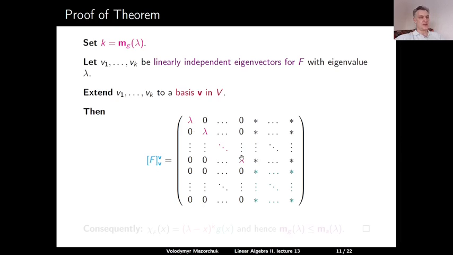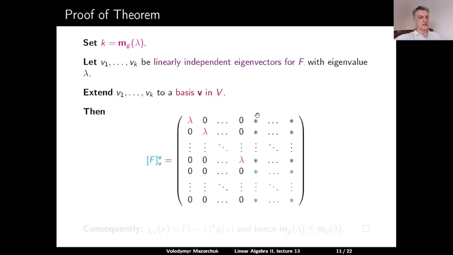The first k vectors are eigenvectors with eigenvalue lambda. So for the first k columns, we have lambda on the diagonal, and the remaining elements in these columns are 0. And then we have no information about the rest, so the rest can be arbitrary.